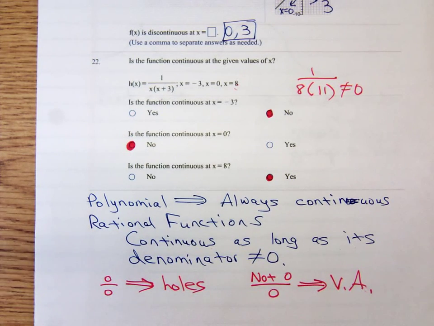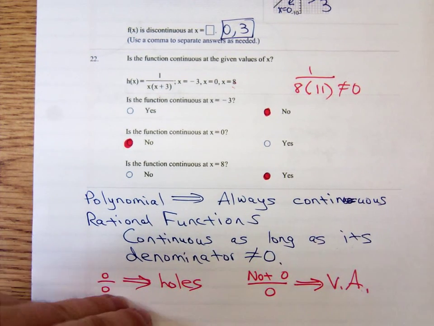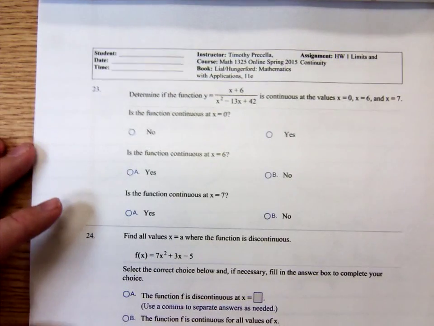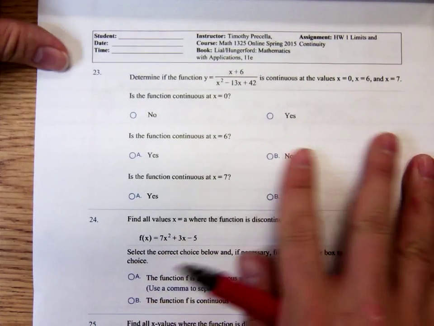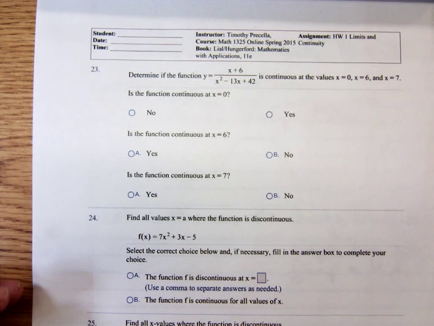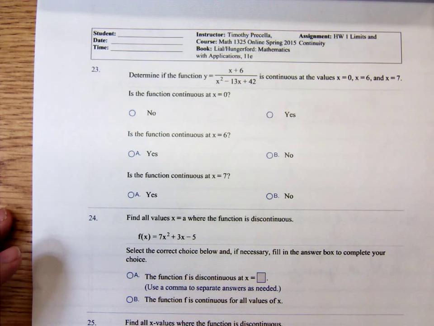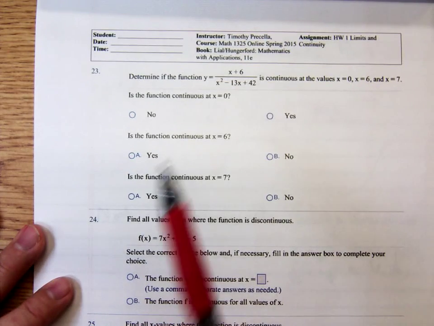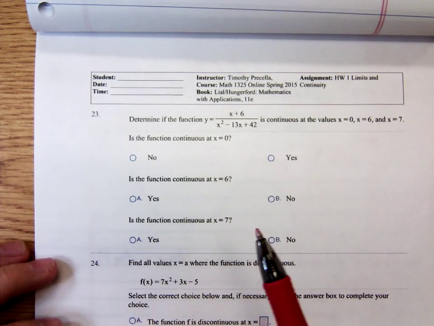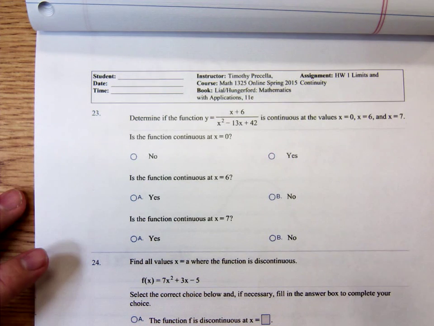Let's do another one. Determine if the function x plus 6 over x squared minus 13x plus 42 is continuous at 0, 6, and 7. Okay, let's start with 0.